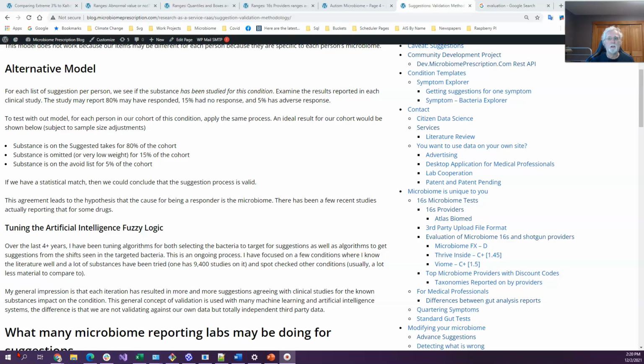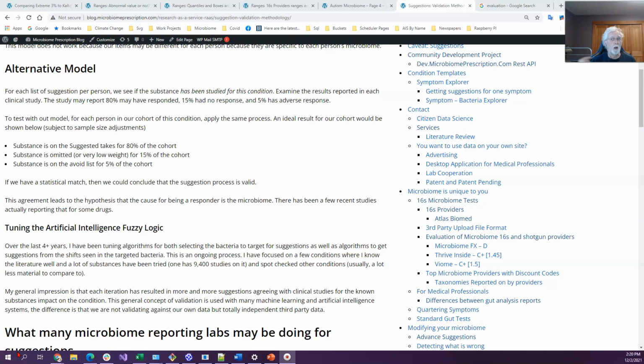So you go down the list and you work through, being aware that some studies on PubMed may only have an 80% positive reaction, 5% adverse reaction, and 15% none. And that, from the microbiome perspective, is not unexpected, since each person's microbiome is distinct, and the study did not control for differences of microbiome.